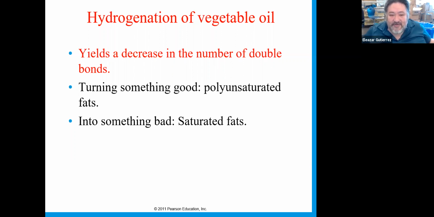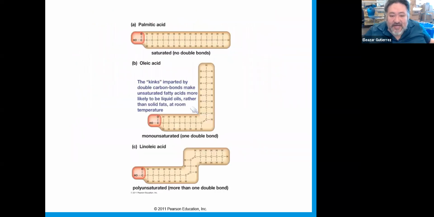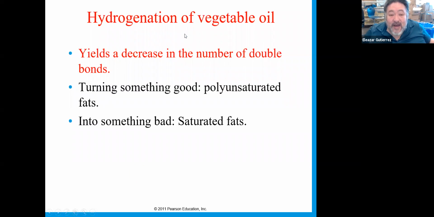What are they telling you? What they're telling you is that they started with something that was polyunsaturated, and then they hydrogenated it. In other words, they added hydrogen to turn it into this stuff. So if you have hydrogenated vegetable oil, the only thing that you read is polyunsaturated fats, and you think you're buying the right stuff.